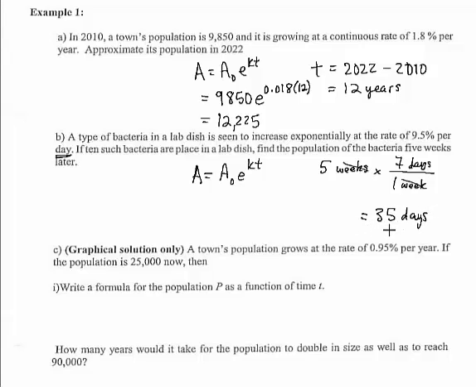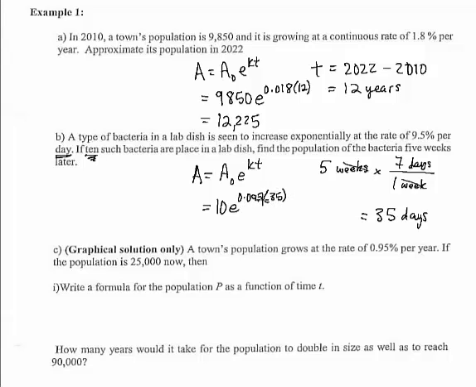So how much bacteria will we have after 35 days? They gave us the word version of the number 10. That's how much bacteria we had in the dish initially. We convert 9.5% into a decimal, which would be 0.095, and we multiply that by 35.